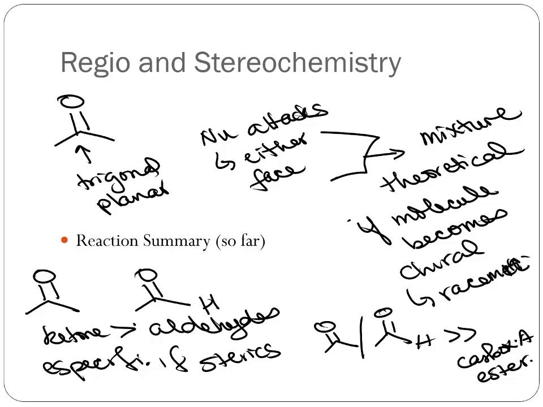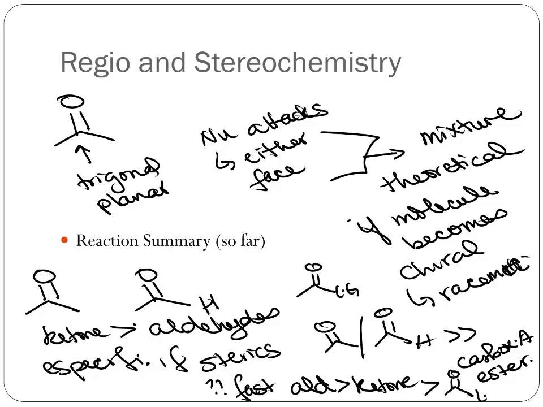Now, what does that mean? Well, if you're talking about how fast something will react, aldehydes will react faster than ketones. And when we say we have some sort of leaving group on here, those are your carboxylic acid derivatives.